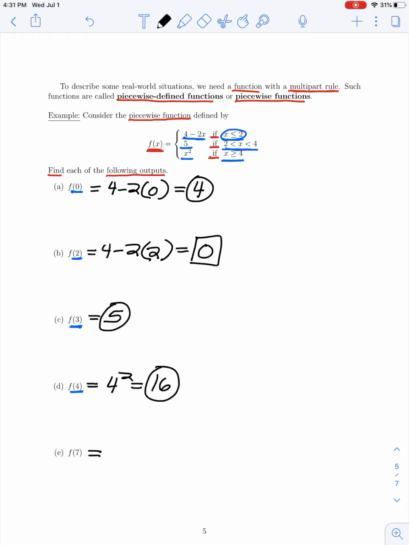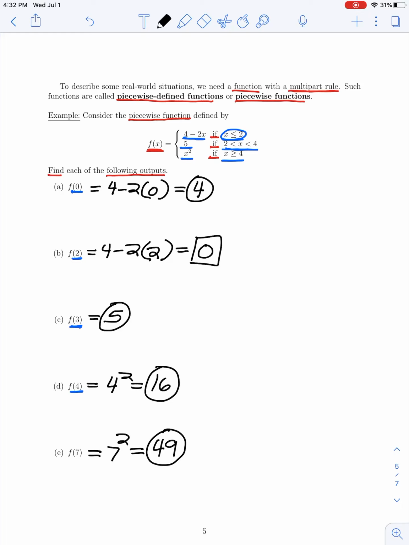And in our last example, we have f of 7. The value of x is 7, which is certainly greater than or equal to 4. So we're using our last definition where we take the value of x squared. Here 7 squared leaves us with 49.